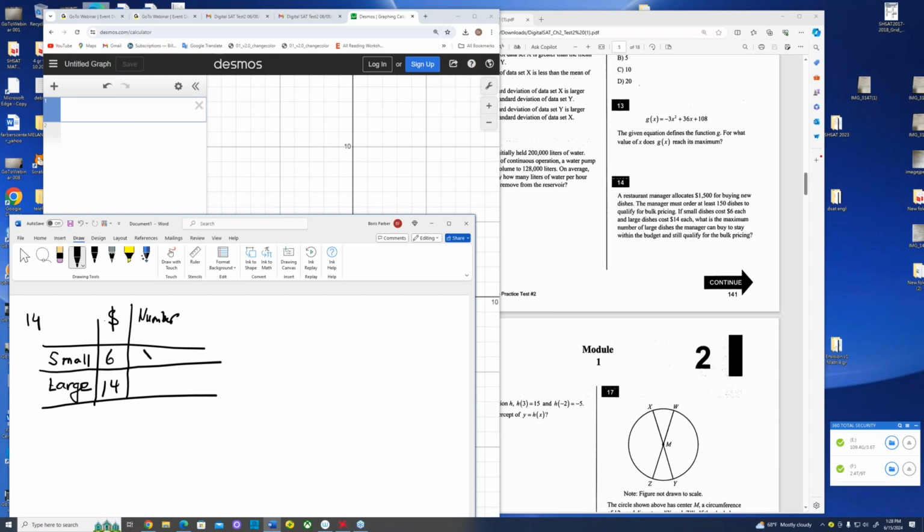Let's say X and Y. And this would be total value: 6x and 14y. And you have some restriction, an inequality compared to the previous. You cannot exceed $1,500.